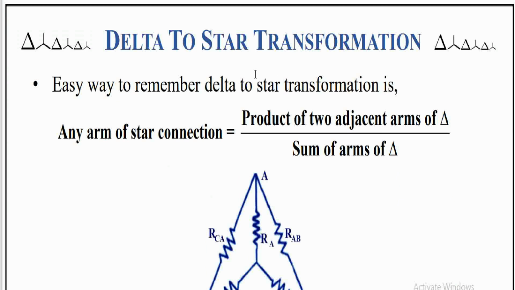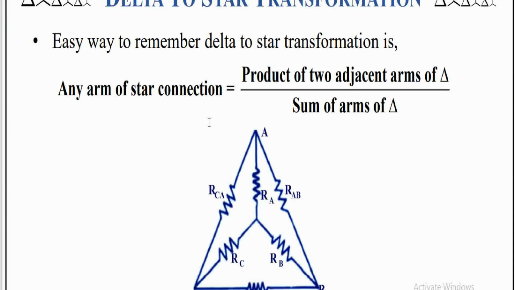And let us have a conclusion for delta to star transformation. An easy way to remember delta to star transformation is: any arm of star is equal to the product of 2 adjacent arms in delta by the sum of arms in delta.